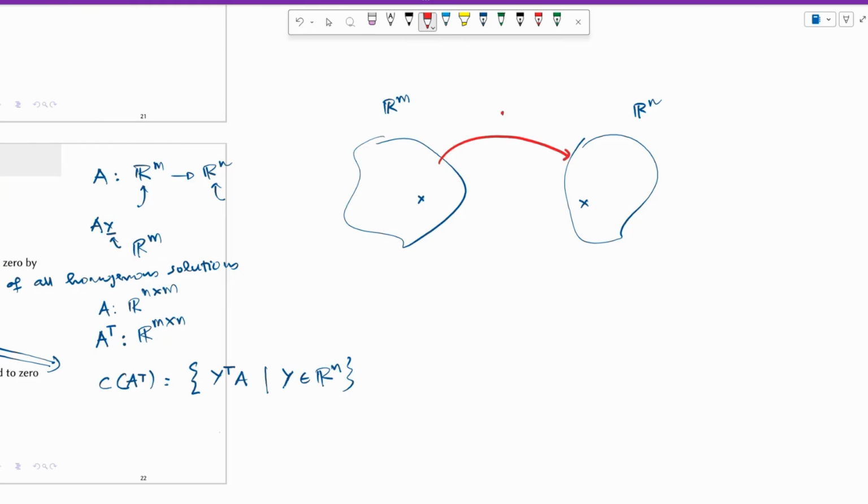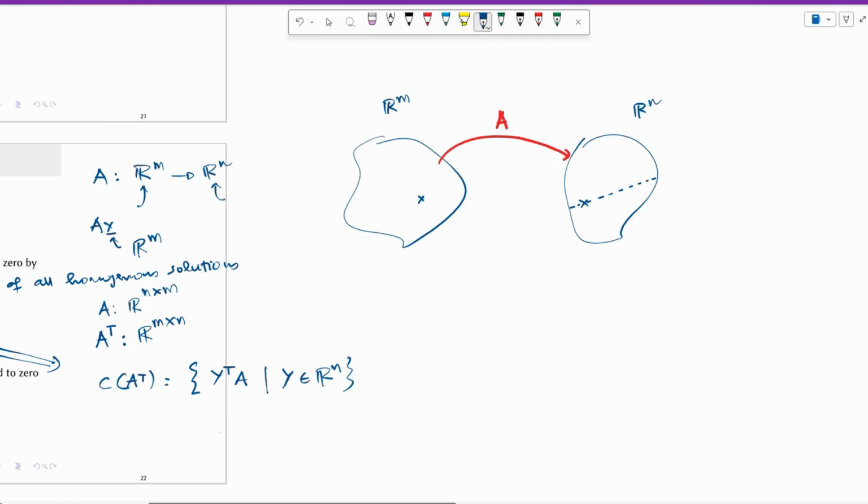A does this mapping. Let's say I divide the output space like this. What I'm saying here is not entirely correct, but as a first step, I think this is a reasonable way to understand it.